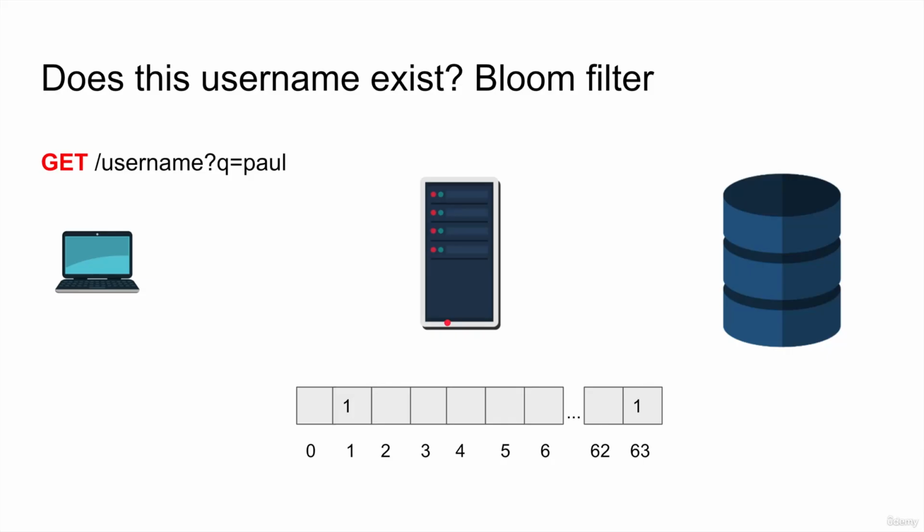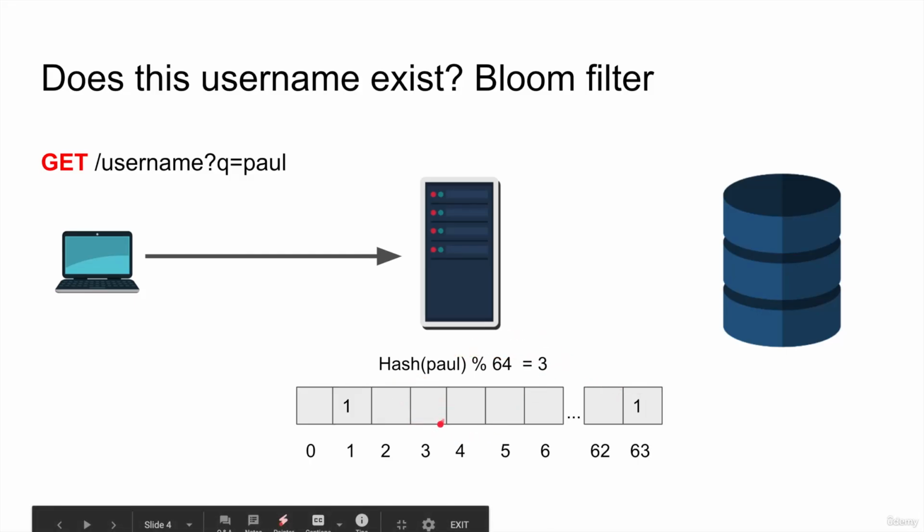But here's the thing. If we make a request, hey, does Paul exist? We will make a request to the server, and in the server we'll write a function. We will hash the string Paul and mod it by 64. And if you know mod, this result will only come back with a value from 0 to 63, right? Out of the box, you're gonna get collisions all the time, but that's fine. So in this case, Paul is bit number 3, right?